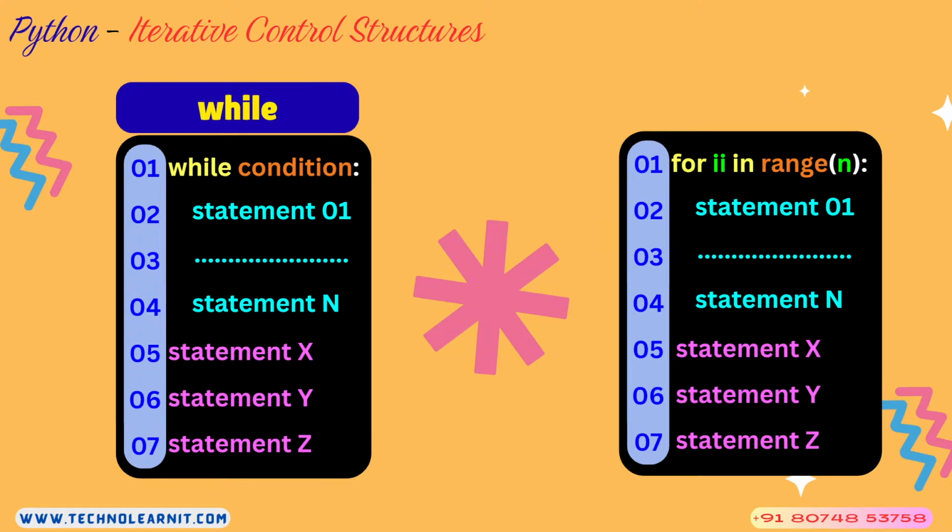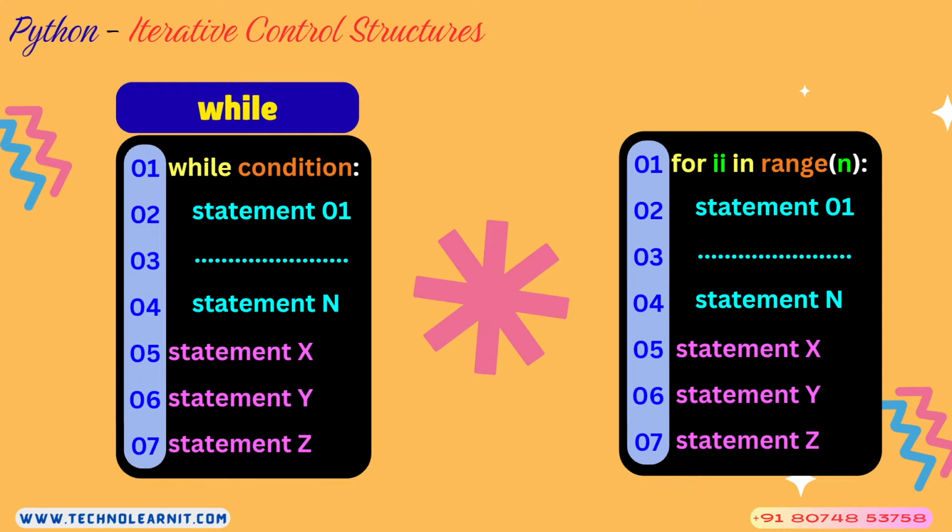So in this example, as long as the value of ii is within the range of n, exclusive, statements 1 to n will be executed repeatedly, because once the body is executed, again the condition will be checked, and if the condition remains true, it goes and executes that once again and again.